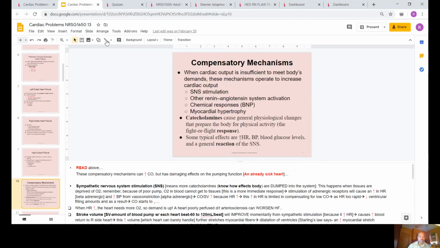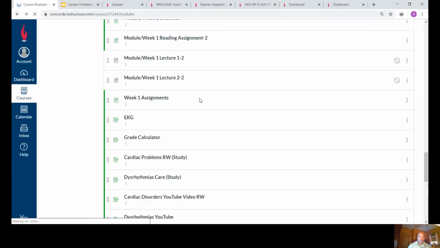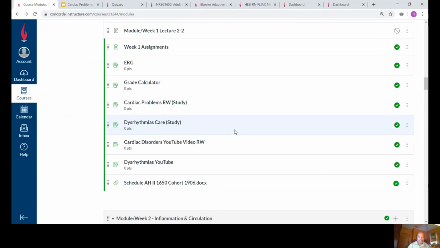So let me go ahead and come back out of this and go back to modules. Now here's the deal. As you all realize, I'm sure, this is an accelerated program, and there's a lot of information to cover.